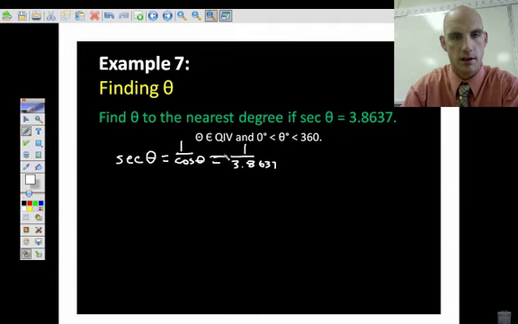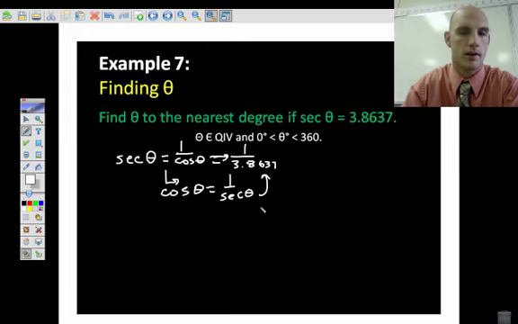This is actually what we're going to convert this to, because I know that secant is 1 over cosine. So that means that cosine is 1 over secant theta. So that's where I'm right here now. Okay, and so this is going to give me a decimal value.